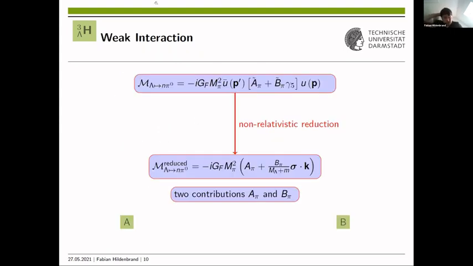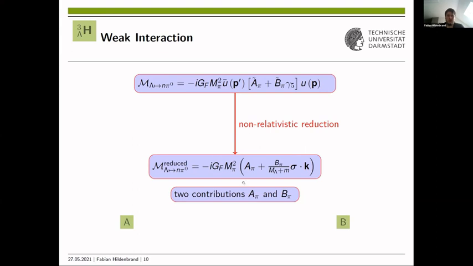So for the weak interaction, there's this typical relativistic matrix element, so to speak, and we do a non-relativistic reduction due to the involved energies.